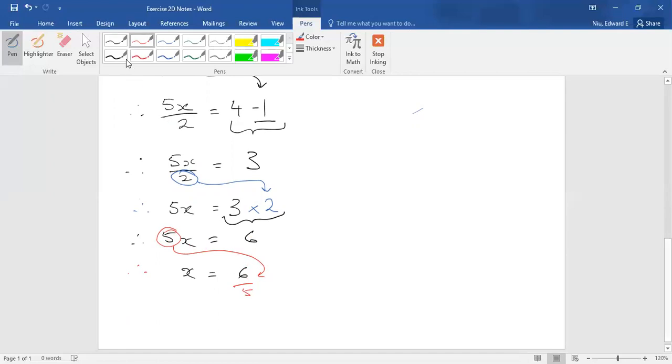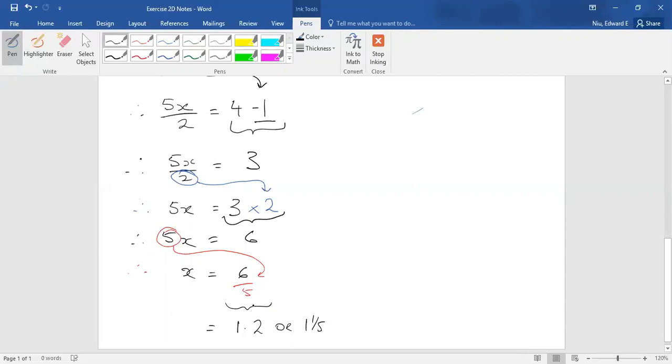And then this is our answer: x equals 6 on 5, which is also equivalent to, what's that, 1.2? Yeah, 1.2 or 1 and 1/5. So either of these are acceptable.